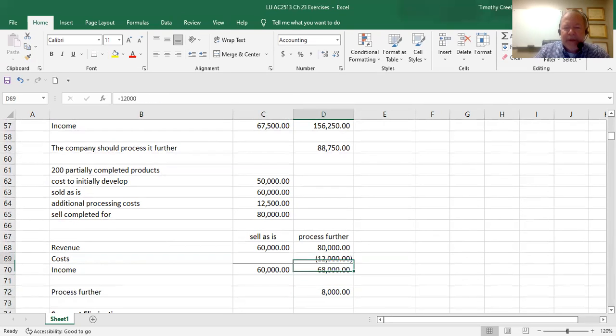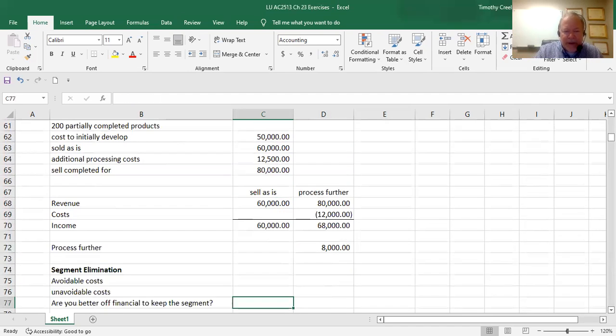Now, one other thing I wanted to mention: remember that the cost to initially develop, to take it to the point where you can sell as is or process further, does not factor into the decision. Notice I've not included that in the decision here. Here's another way to think about it.